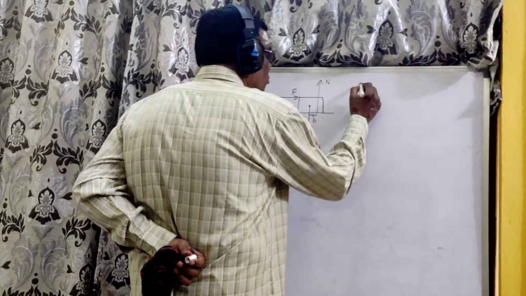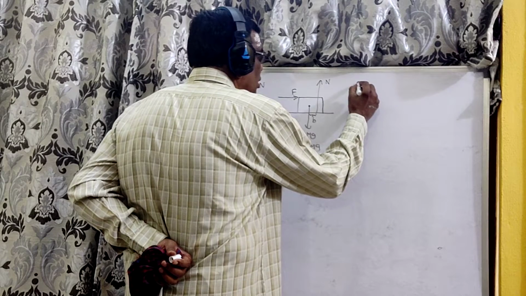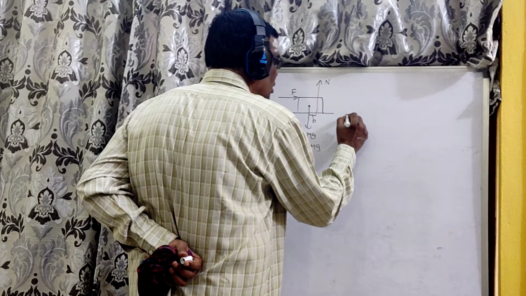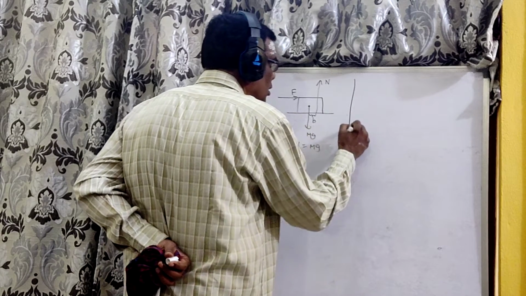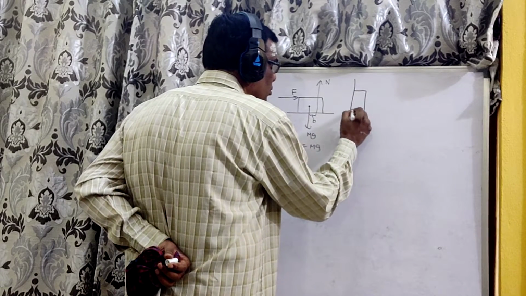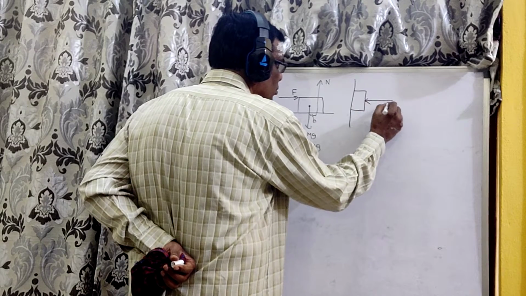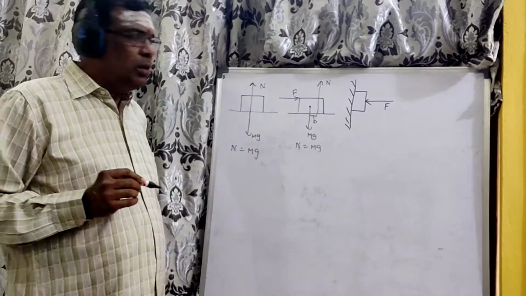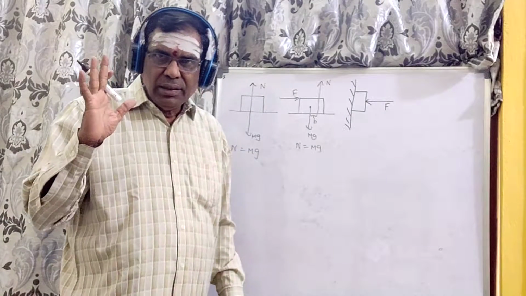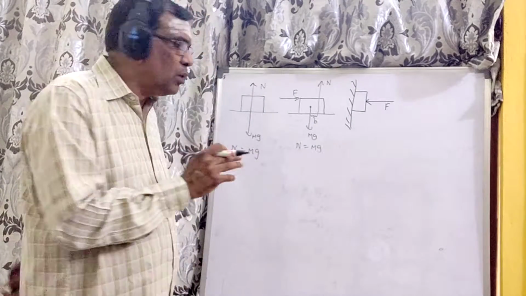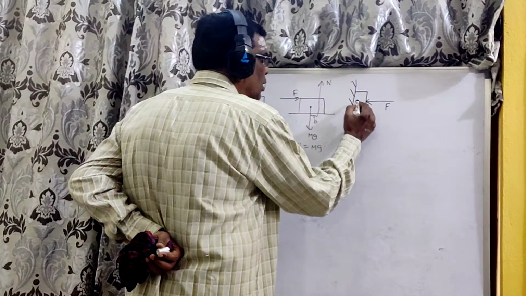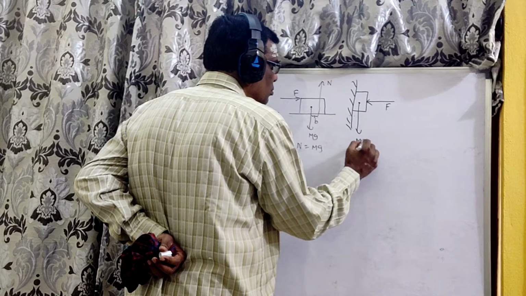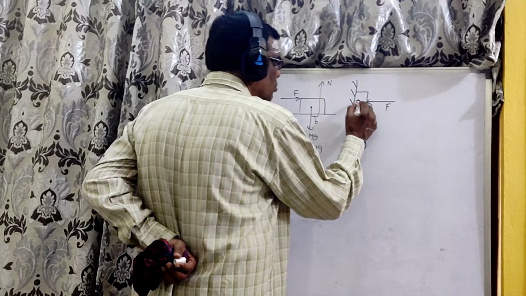Now, this is a fixed surface. I am pushing this horizontally with force F. This is a contact, and we know that this is mg.